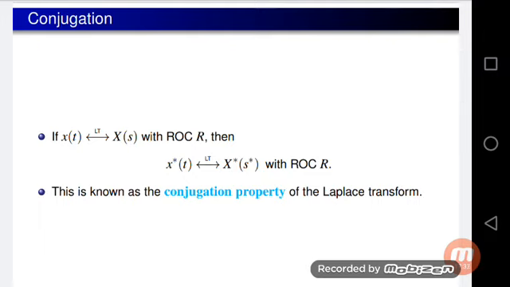That means conjugation is the reverse operation of the previous properties, a reverse of the time domain. This interchanging is known as the conjugation property. Simply, conjugation is nothing but adding a star or cap to the original data.